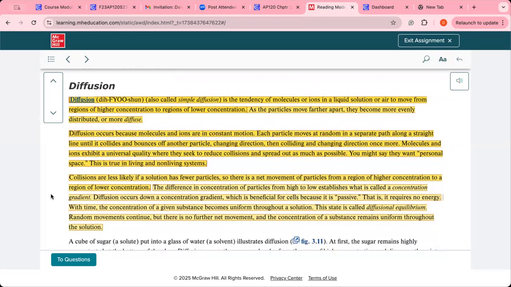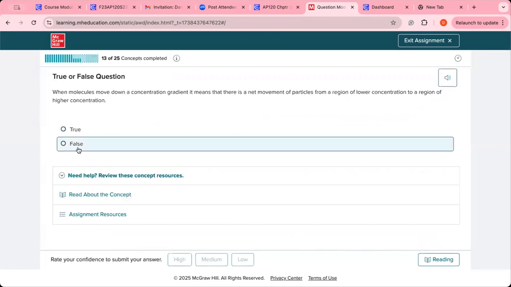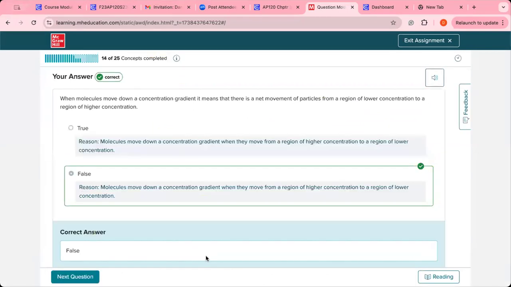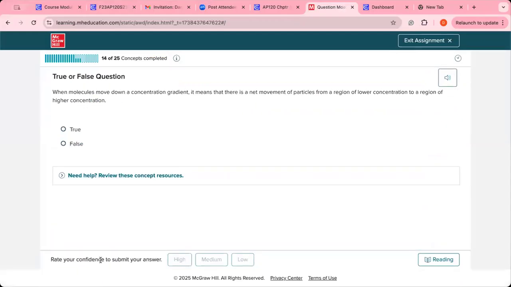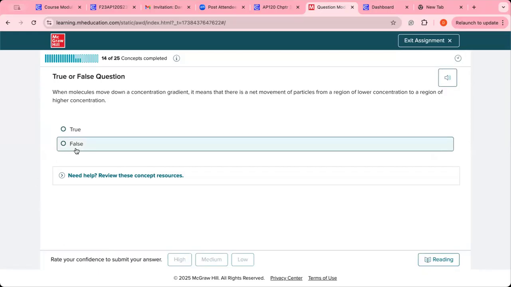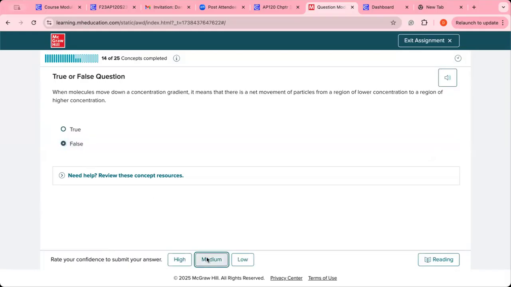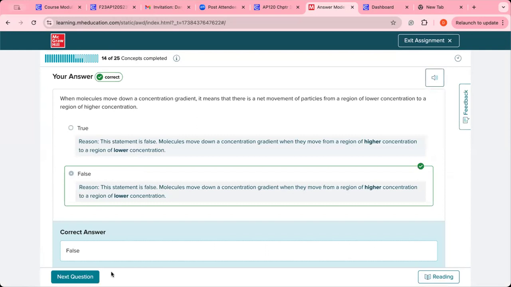Higher concentration to lower concentration. So that's false. Nice. They just asked you this question again. When molecules move down a concentration gradient, it means a net movement from lower to higher concentration. That's false. They asked you the same question twice. I don't know why they did that.